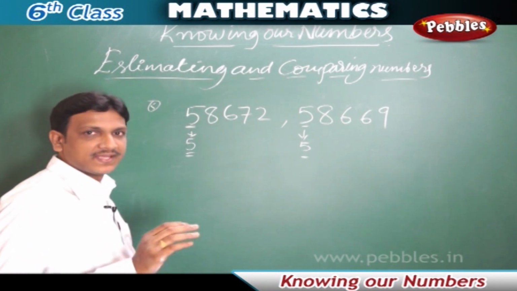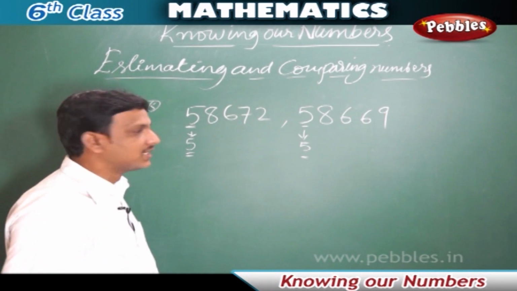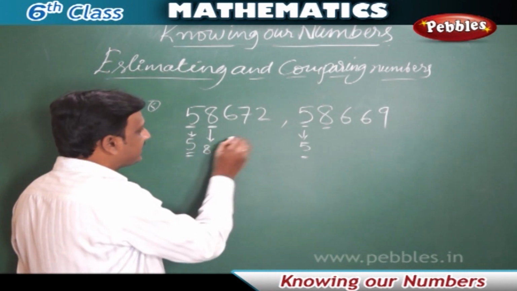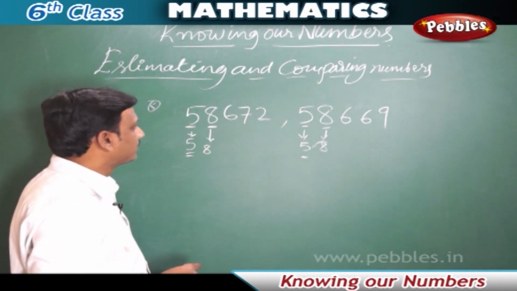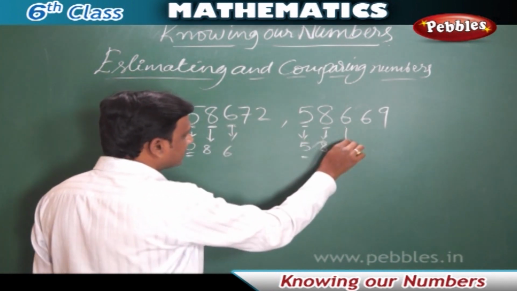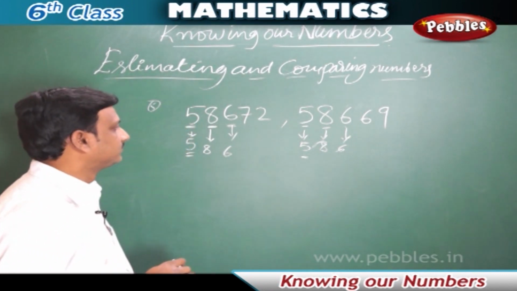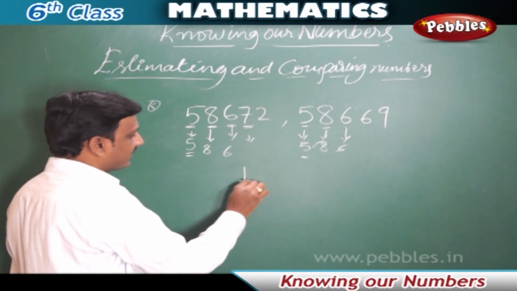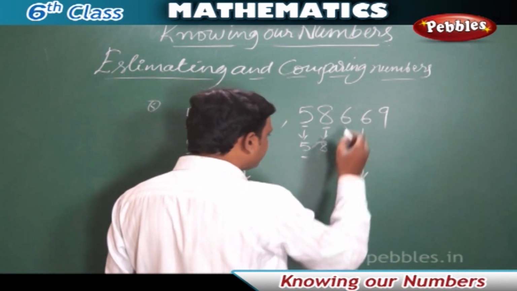If you find the same number in 10,000's place of the given numbers, then move to the next thousands place. And here also 8, here also 8. So move to the next place, hundreds, here 6, here 6. So till here both are looking equal. Now next go to the tens place. Here you have 7 and here you have 6 in its tens place.